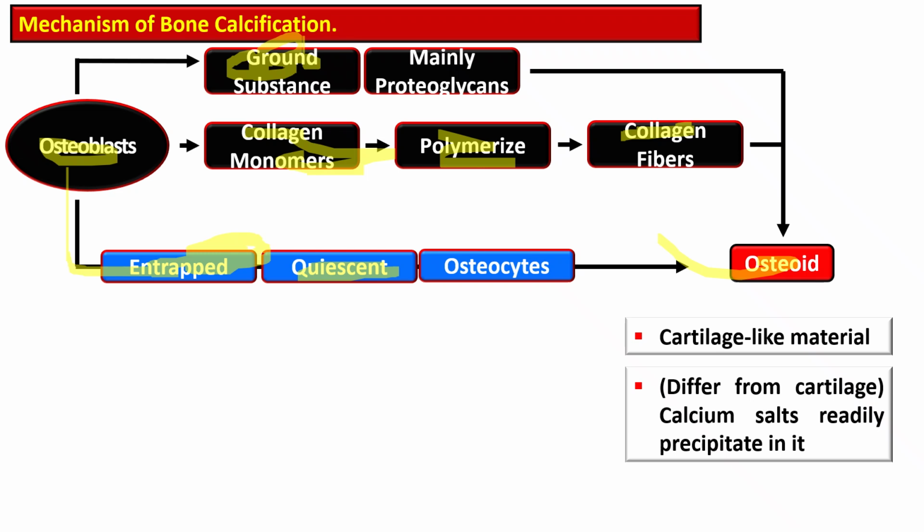Then calcification begins. The calcium and phosphate ions begin to precipitate onto the collagen fiber, mainly as hydroxyapatite crystals. This solidifies the osteoid, turning it into mineralized bone.